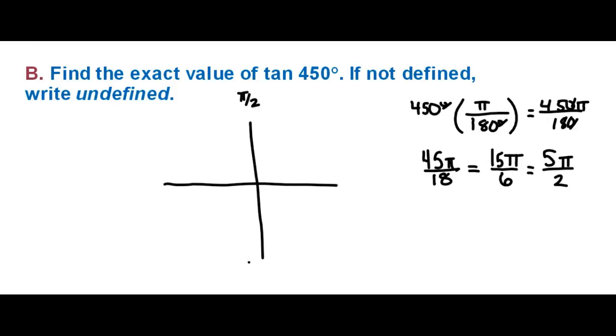So essentially, we know 1 pi over 2 is right here. 3 pi over 2 comes back down to here. So essentially you've got 1 pi over 2, 2 pi over 2, 3 pi over 2, back to the start for 4 pi over 2. 5 pi over 2 would be another coterminal angle of pi over 2. So we're trying to find the tangent of this terminal side right here, the tangent of 5 pi over 2 essentially.